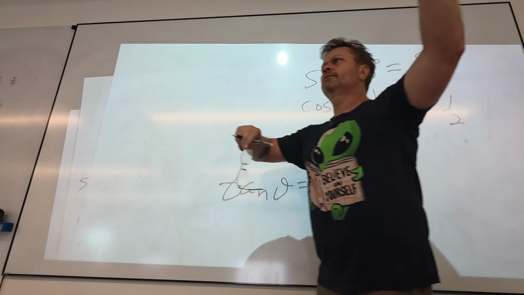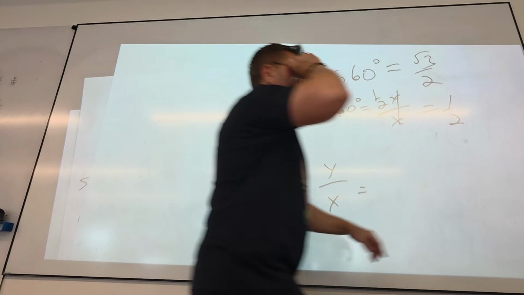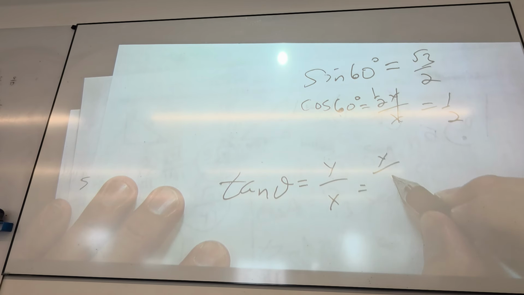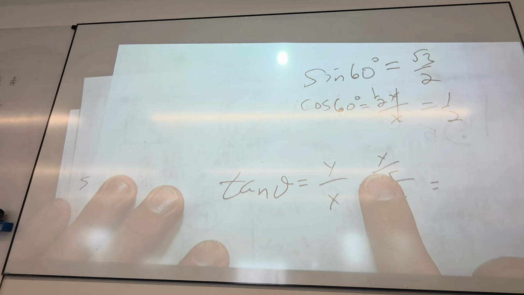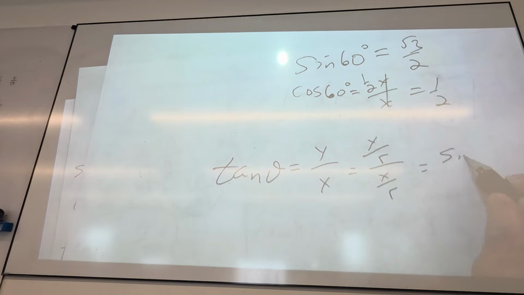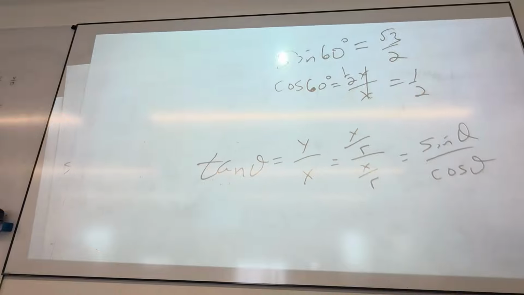Multiply or divide. So I am going to divide the top and bottom by r. What is y over r in terms of trig? That's sine. And what's x over r? Cosine.